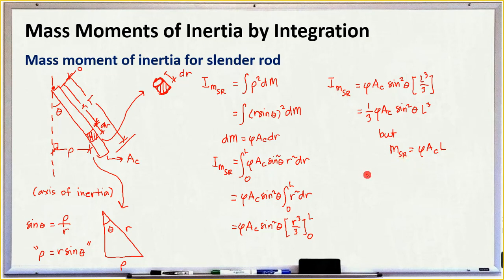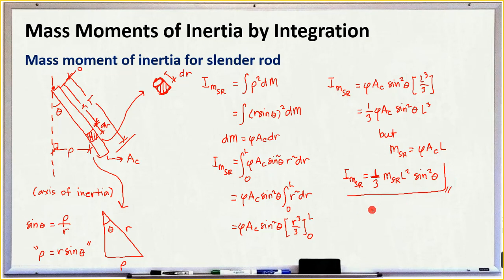If we substitute that into our formula, this becomes 1/3 times the mass of this slender rod times the square of its length, because the L is already used up in the mass, times the sine squared theta. And this is our final answer.